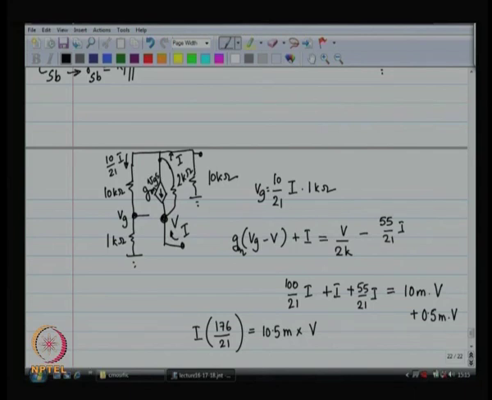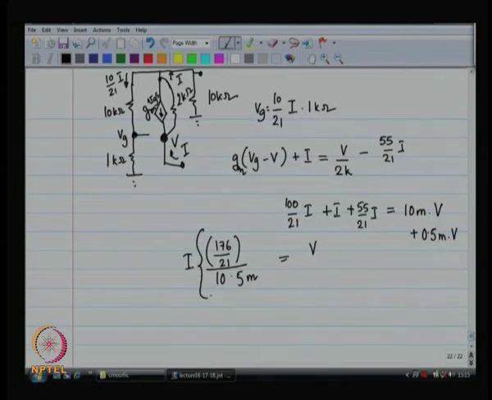So the voltage that you've got is something like this. Which means that the resistance that you see looking in at that particular node is this quantity.